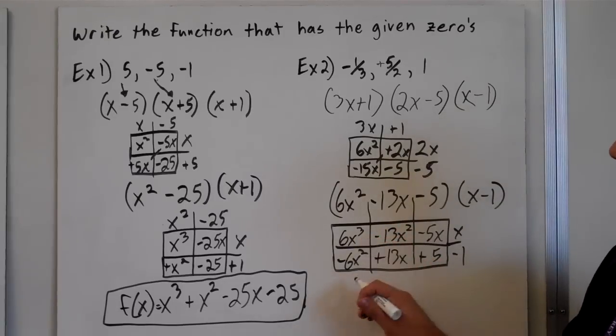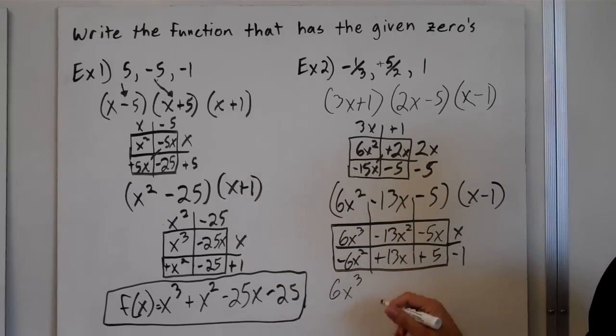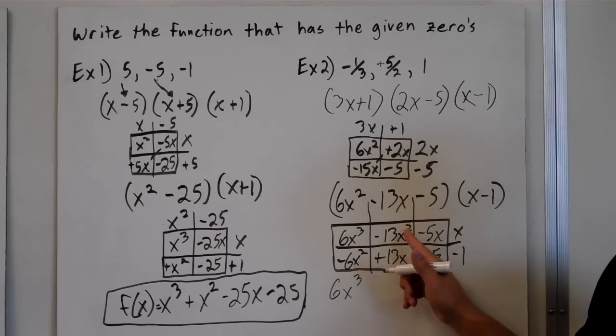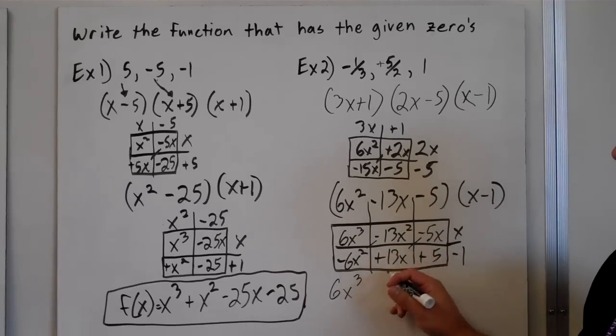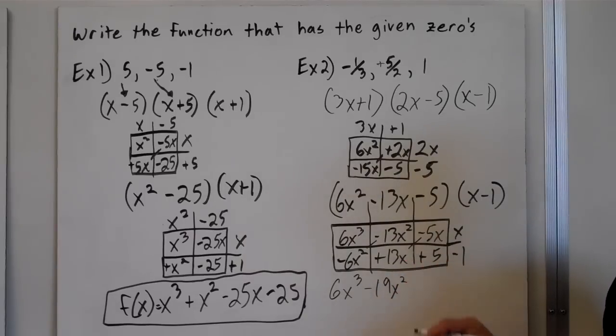Here we go. 6x cubed. There are no other cubes, so I'm good there. Here I do end up with diagonals that add up. Negative 13 and negative 6 is negative 19x squared. 13 and 5 is positive 18x, and minus 5.